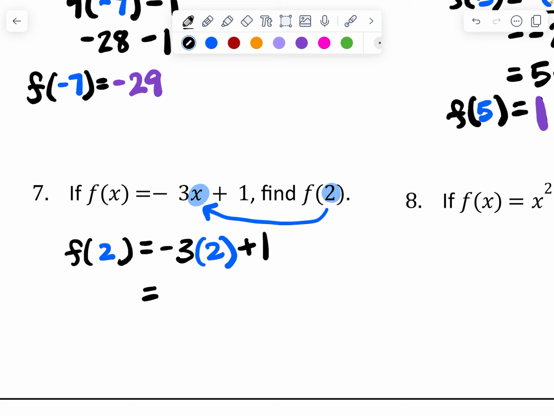You can put that whole thing in your calculator, or let's multiply using order of operations. We would multiply -3 times 2, that's -6 plus 1, which would be -5. So f of 2 equals -5.